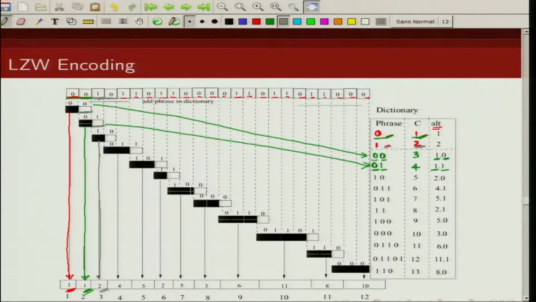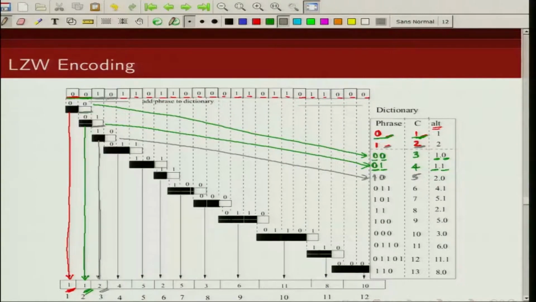Now 1 0 is not there in the dictionary, so we are going to put 1 0 in the dictionary, and that is code word indexed by 5.